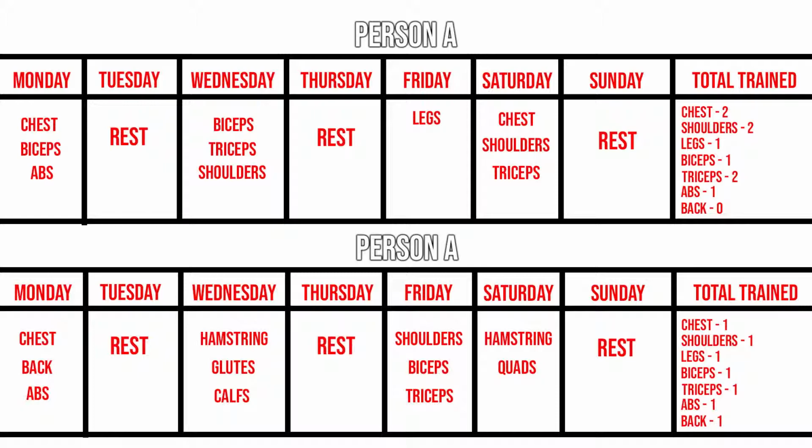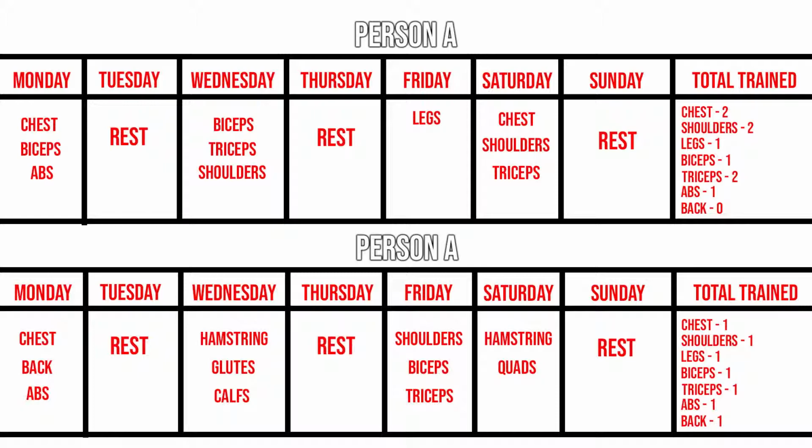What we're looking at mainly with this diagram is the total amount of times that they have trained a certain muscle group for that week. So when we look at the table, on Monday, person A trained chest, biceps and abs, whereas person B trained chest, back and abs. On Tuesday, it was a rest day for them both.